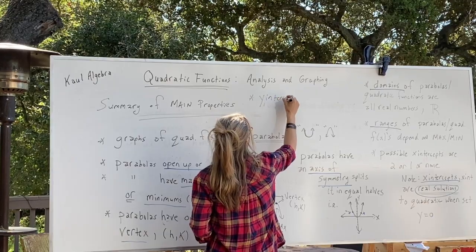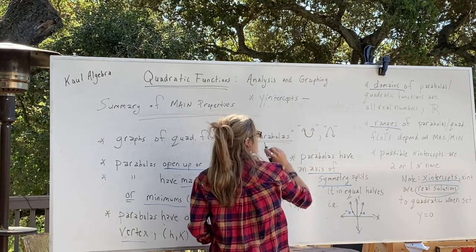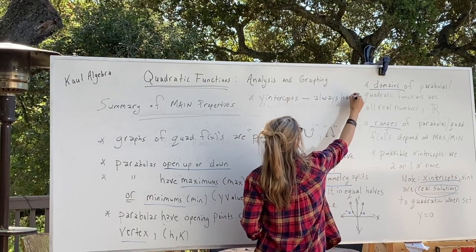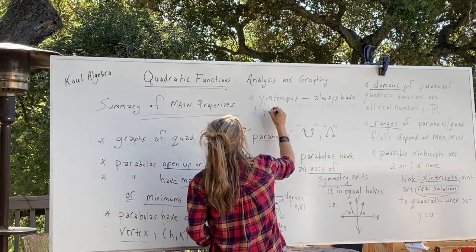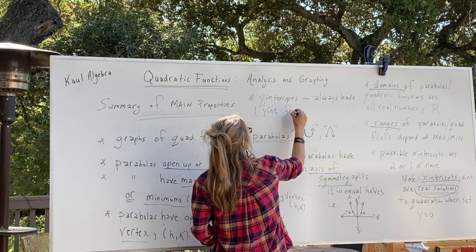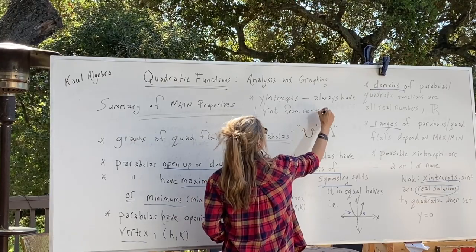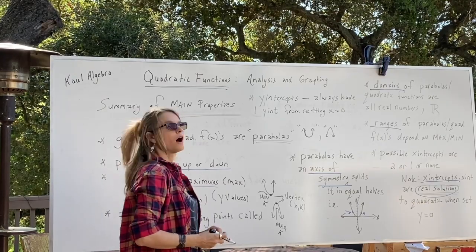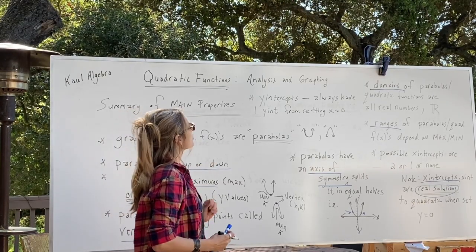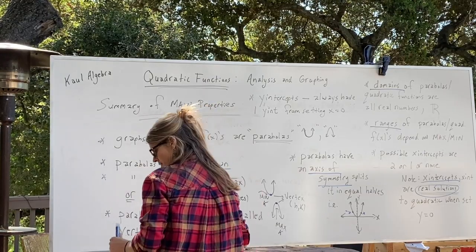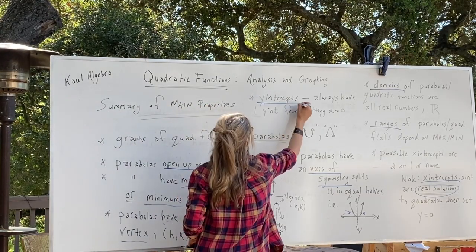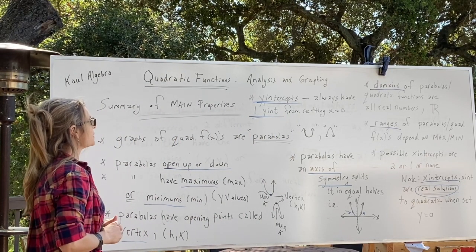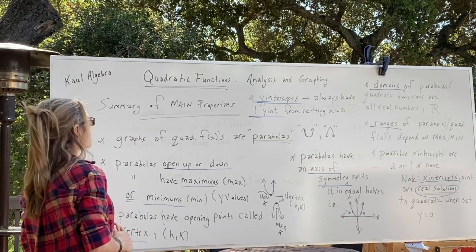Y-intercept, we always have one y-intercept from setting x equal to 0. So there'll always be at least one crossing somewhere on the y-axis for your parabola. So those, say, are our main properties. Okay, those are what we're going to look at when we analyze some of these quadratics.